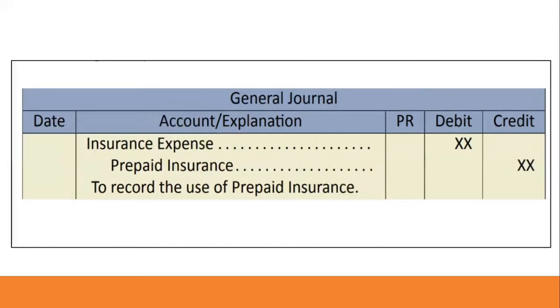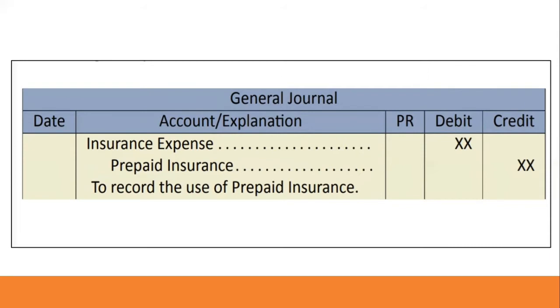Okay? Now, the preceding examples illustrate how to match expenses to the appropriate accounting period. And the matching principle requires that expenses be reported in the same period as the revenues they helped generate. That is, expenses are reported on the income statement first when related revenue is recognized, and second, during the appropriate time period, regardless of when cash is paid.